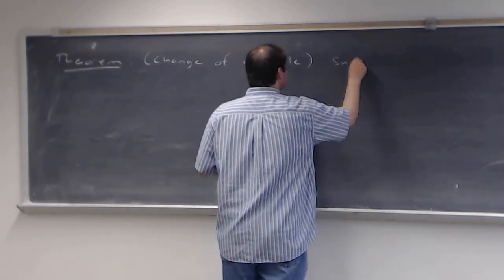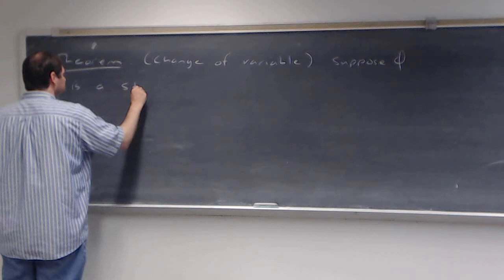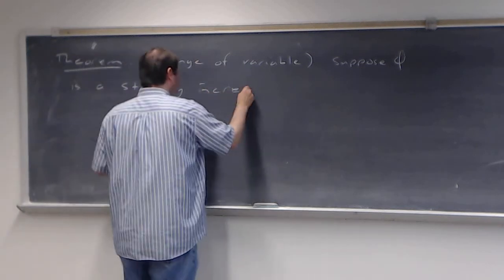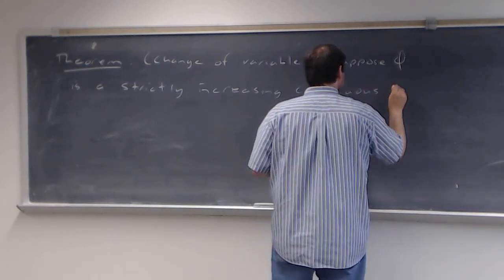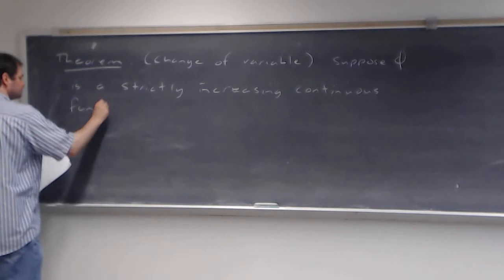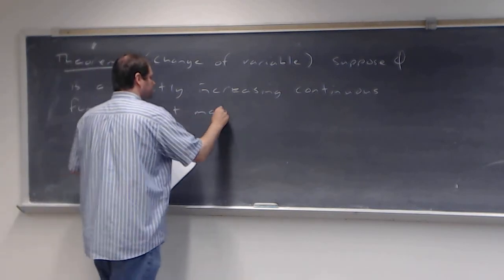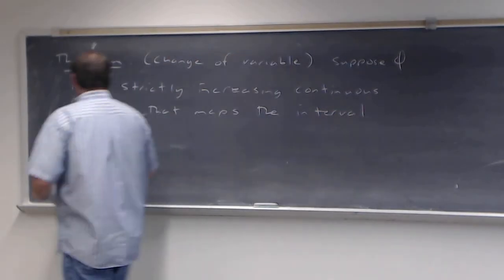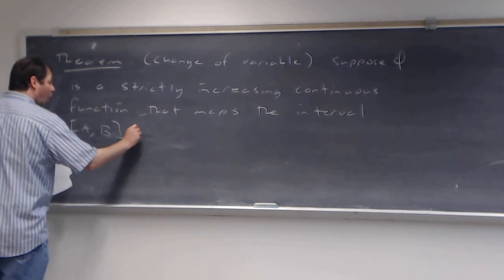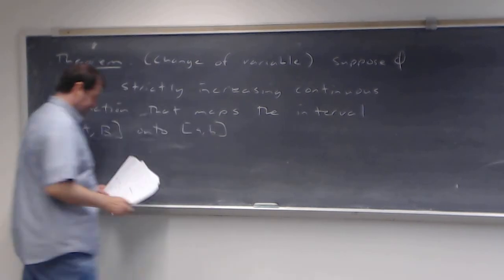It says, suppose phi is a strictly increasing continuous function that maps the interval capital A to capital B onto the closed interval from little a to little b.